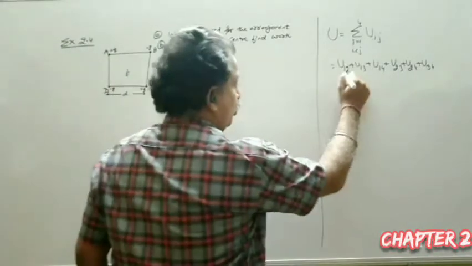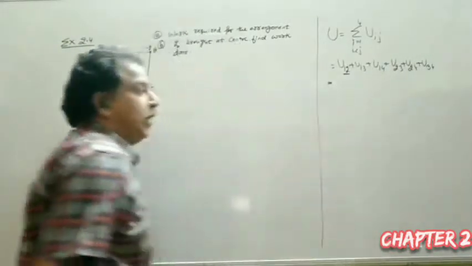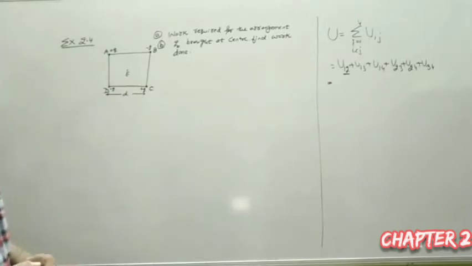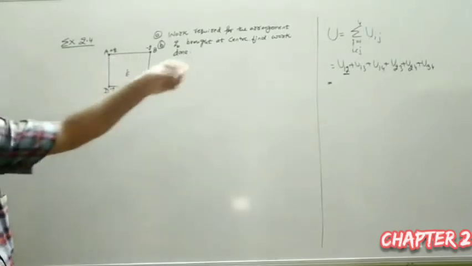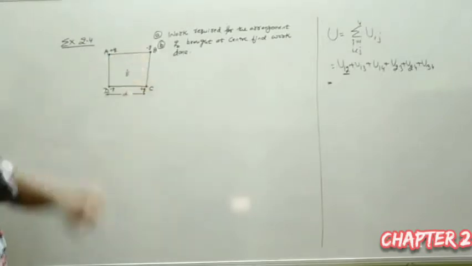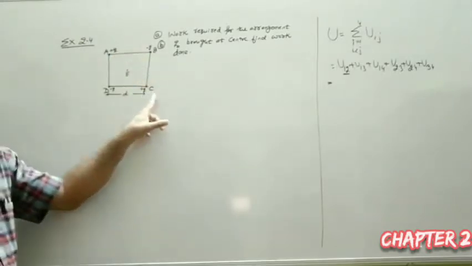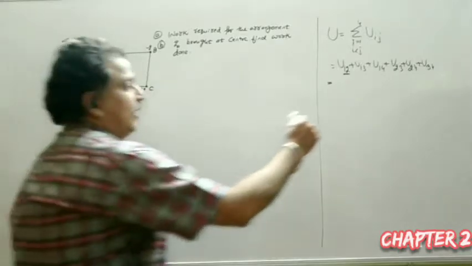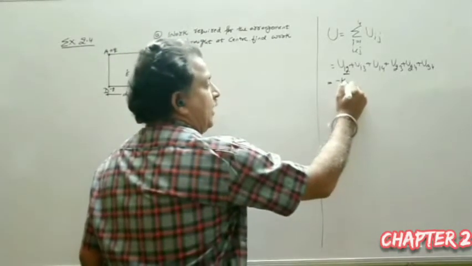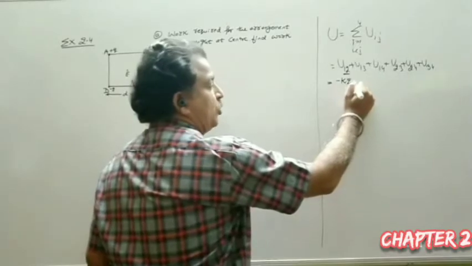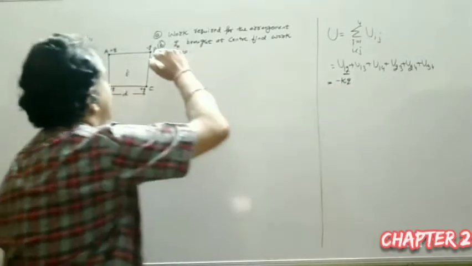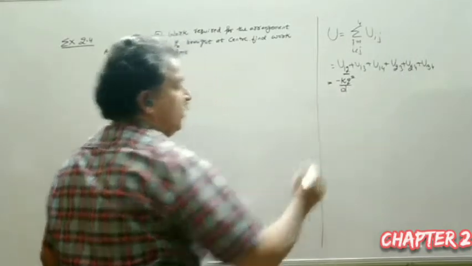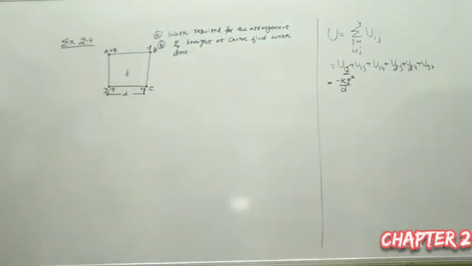Now U12 means the work done to bring the charges against each other. Here, say 1 means A, 2 means B, 3 means C and 4 means D. So clearly it can be written as minus K Q square upon the distance between them, that is D; minus sign because this charge is negative.